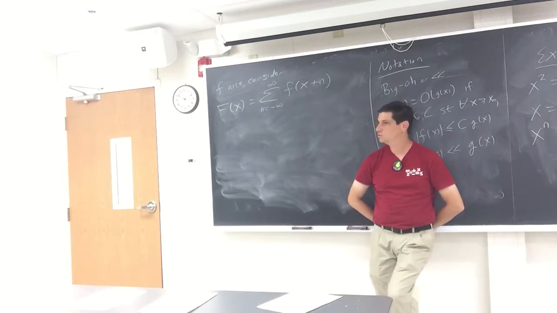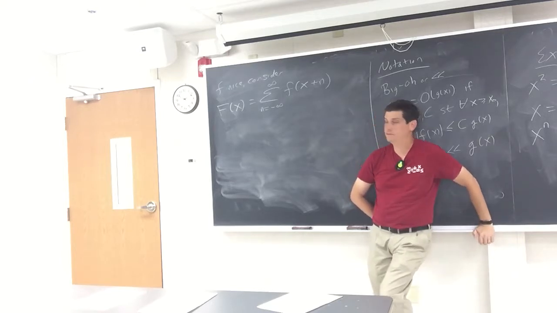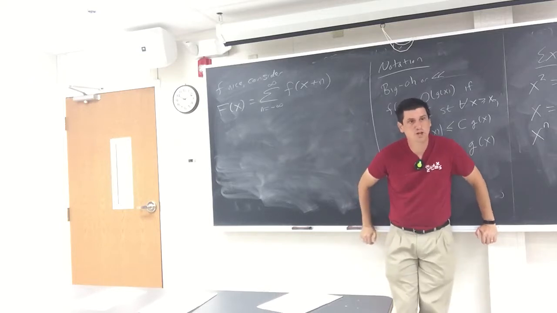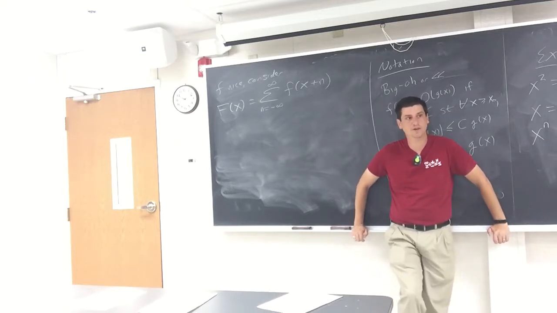So what values of x would I use as inputs? Should you put in 0? So I could put in 0. If I put in 0, I just get a sum of f of n. What other numbers could I put in as inputs? I can choose any value of x. Do I have to understand this function for all values of x? Which values of x do I need to understand this for? 0 to 1. Why don't I need to understand what's going on at x equals 3/2?